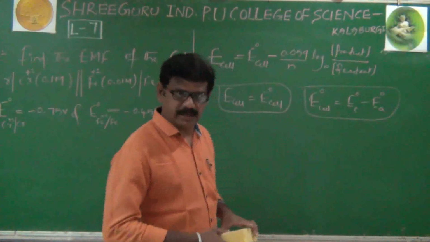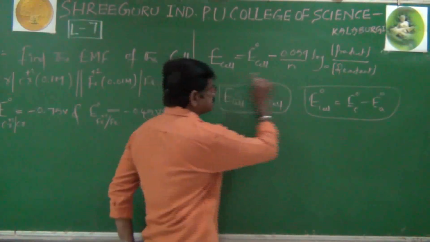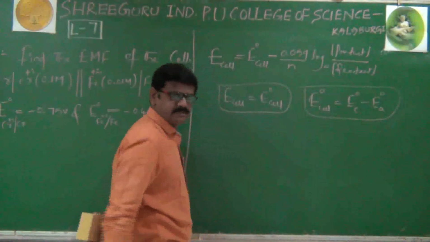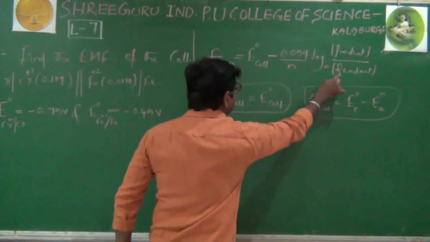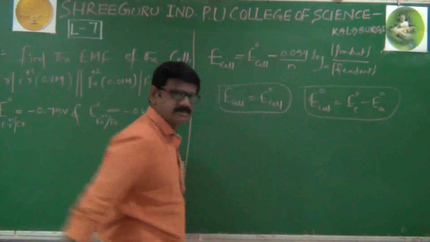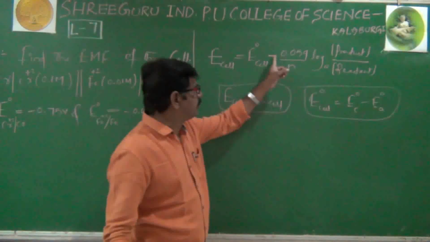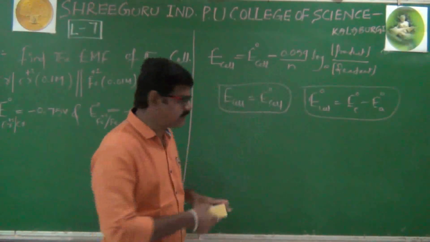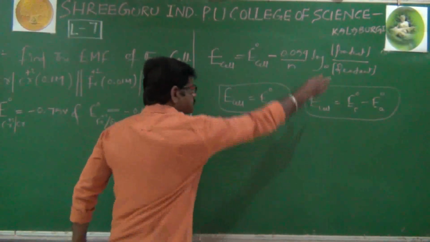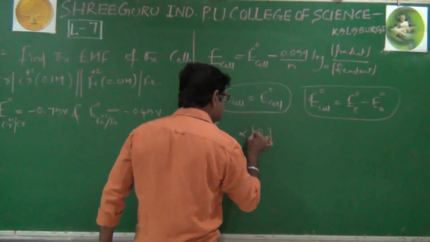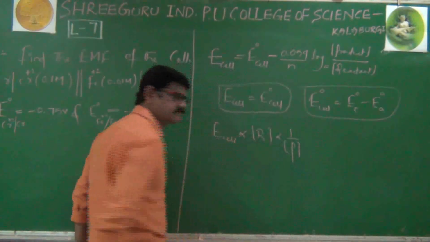And here one condition is there, that is the relation between cell potential and reactant concentration. Cell potential and reactant concentration are directly proportional to each other. Why? Because of course it is in the denominator, but there is a negative sign before it. That's why we write E cell is directly proportional to reactant concentration and inversely proportional to product concentration.